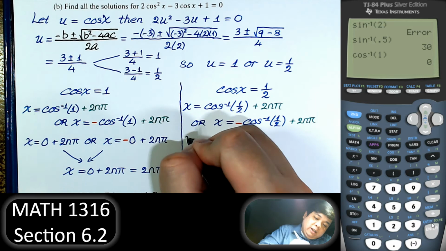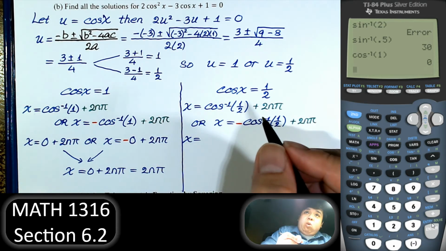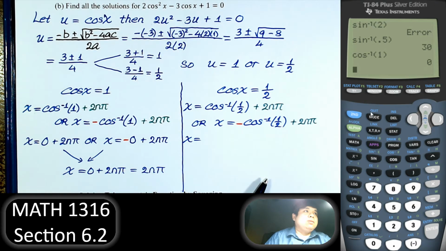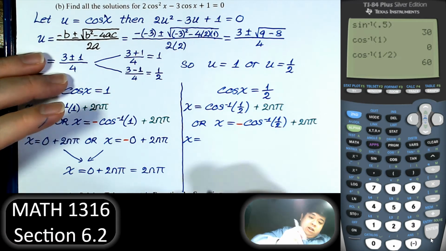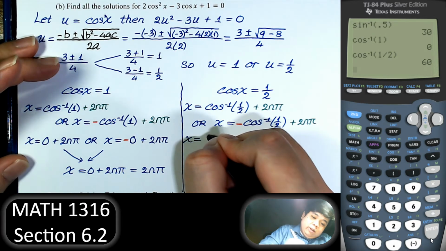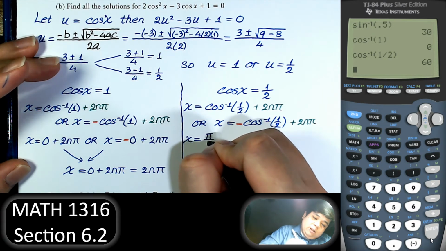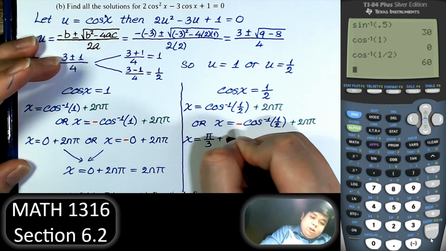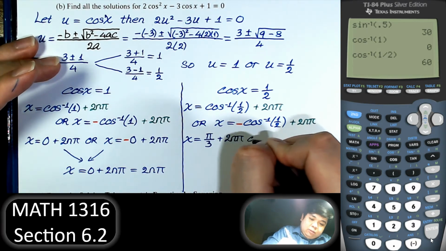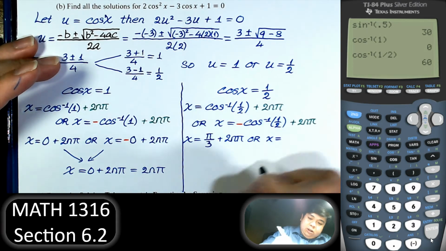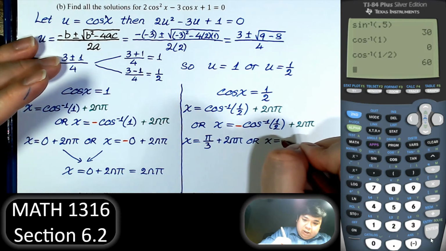Now over here, we have cosine inverse of 1/2, which is 60 degrees, which is pi over 3, plus 2n pi, or the opposite to that.